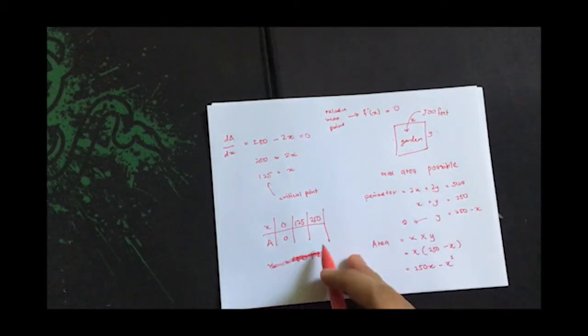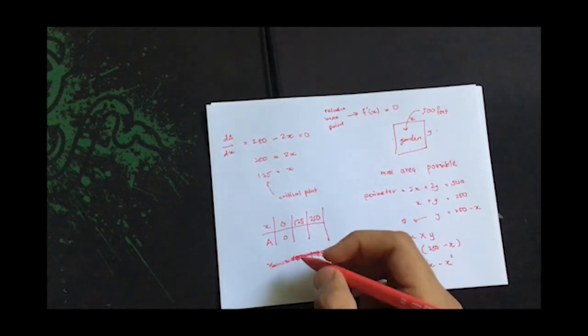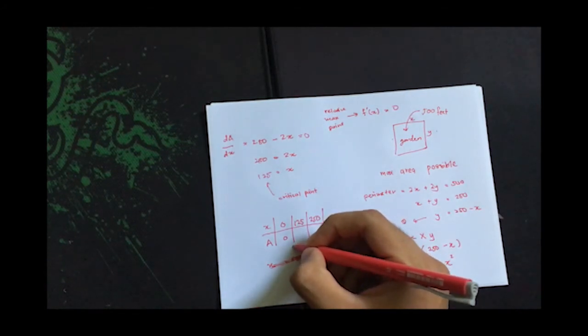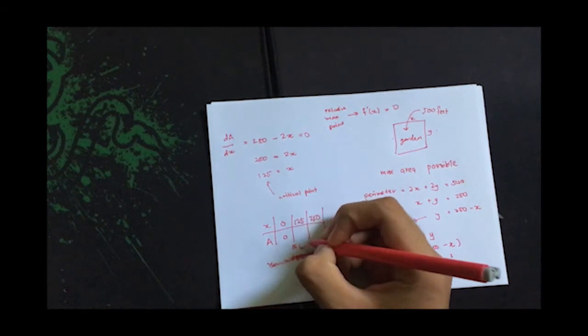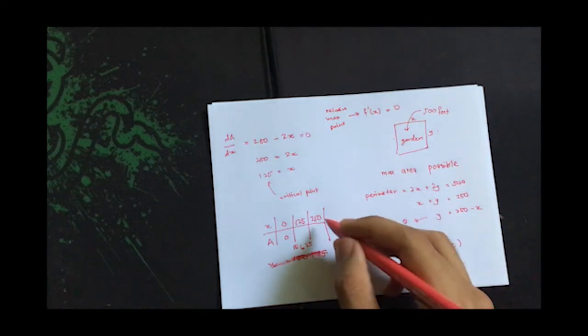And when you use 125, 250 multiplied by 125 minus 125 power of 2 is going to be 15,625. Maybe it's not going to fit, so I'm going to put it outside. And next is the maximum point.